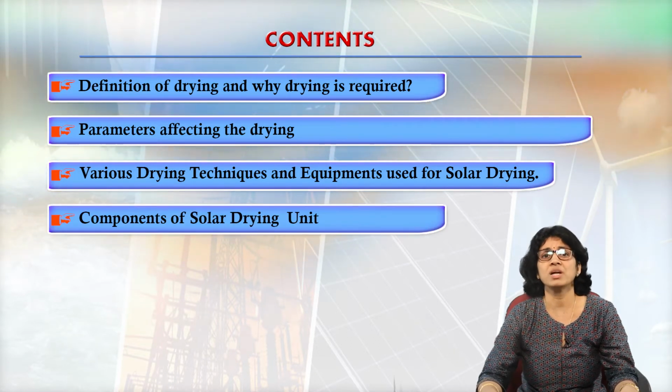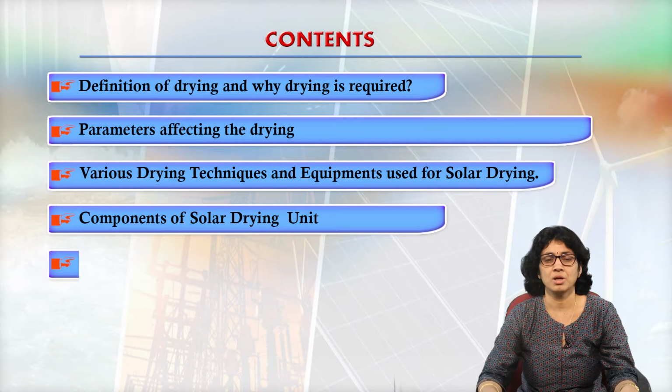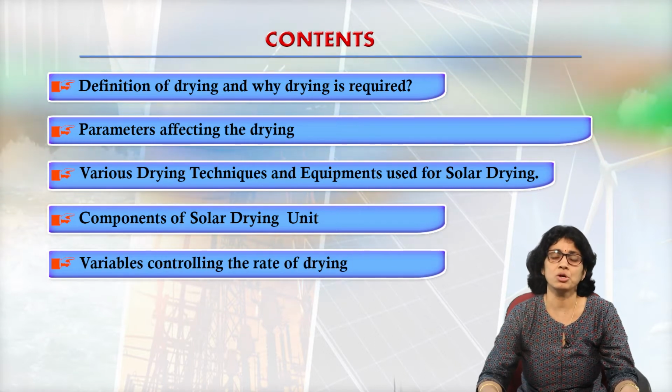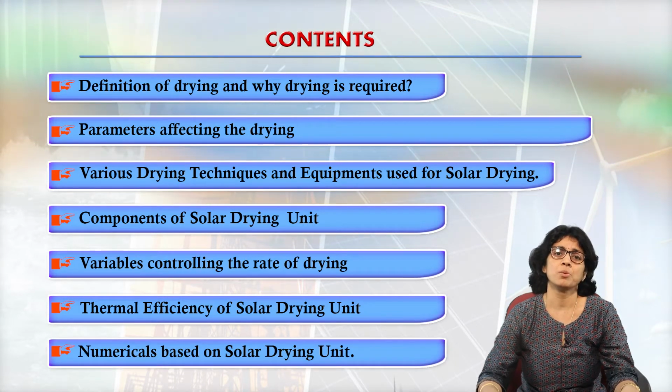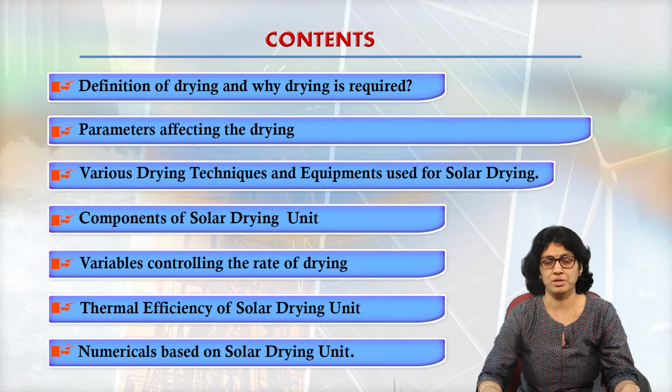What are the components of solar drying unit and various variables controlling the rate of drying. And lastly, I will be discussing the thermal efficiency of the solar drying system, and I will solve a few numericals based on the solar drying unit.